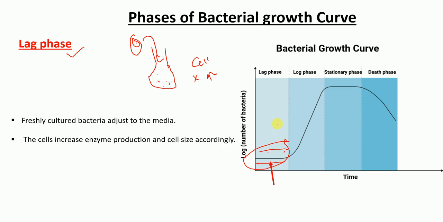Freshly cultured bacteria adjust to the media, metabolism occurs, the cells increase enzyme production, and the cell size also increases, but the cell number does not increase. This is called the lag phase or adaptation phase.